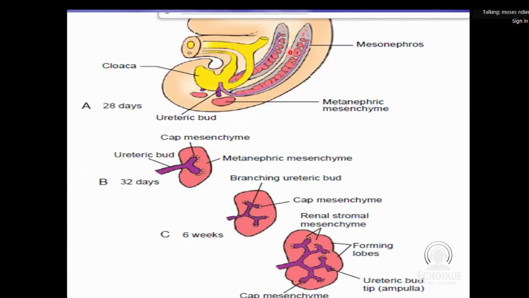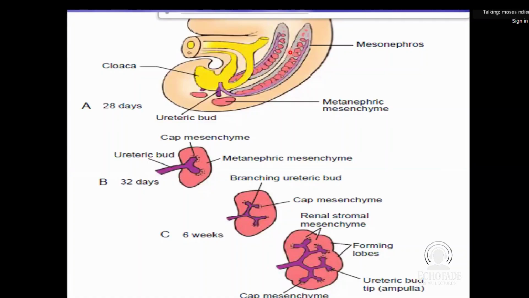This cup-shaped structure is invaded by blood vessels, forming a capillary network close to the cup-shaped structure, that we refer to as the external glomerulus. It's external because it's not completely enclosed like what we have in a definitive kidney.